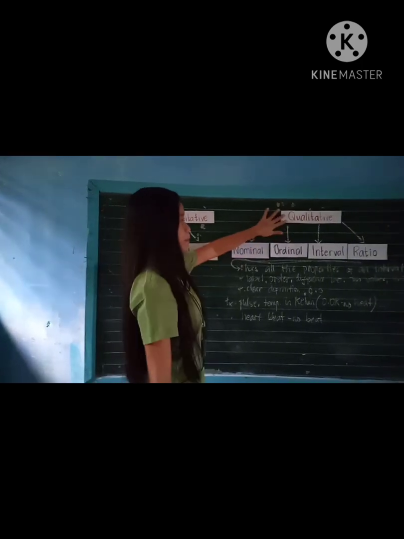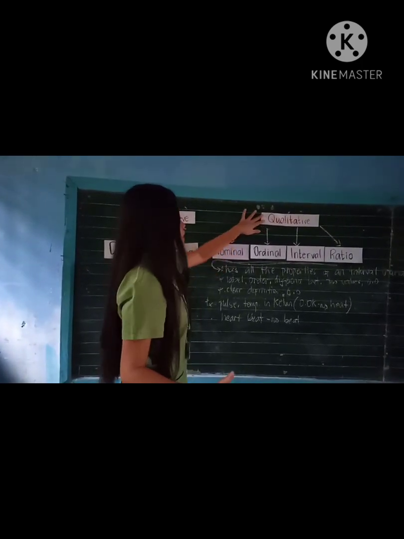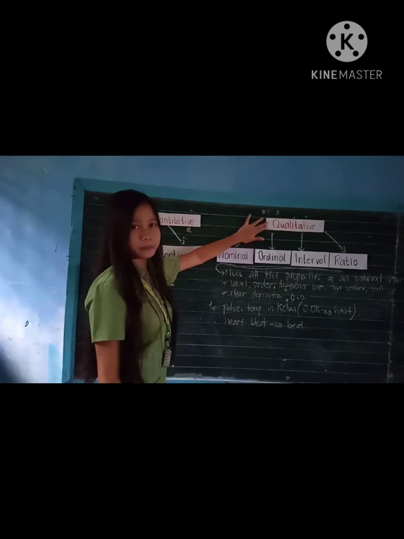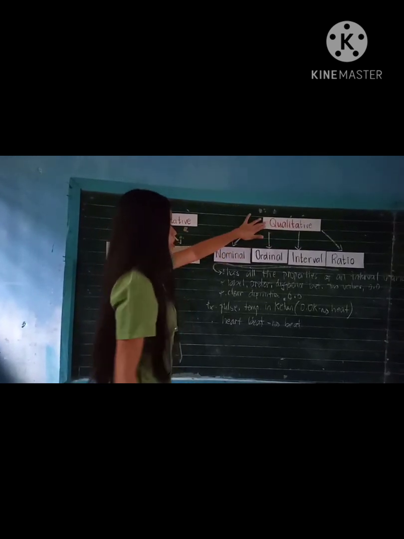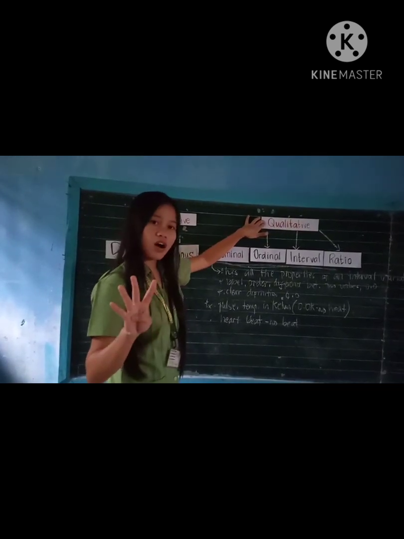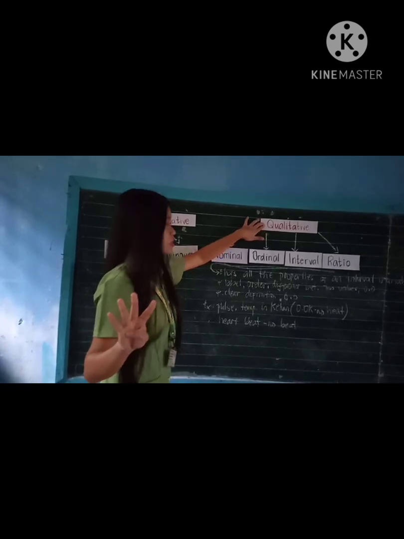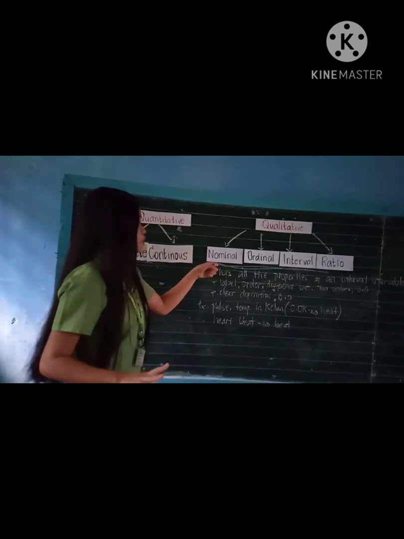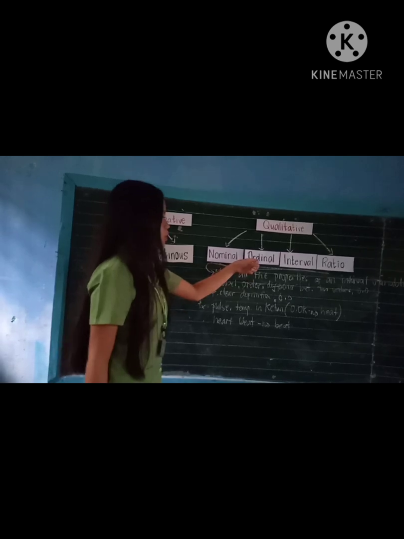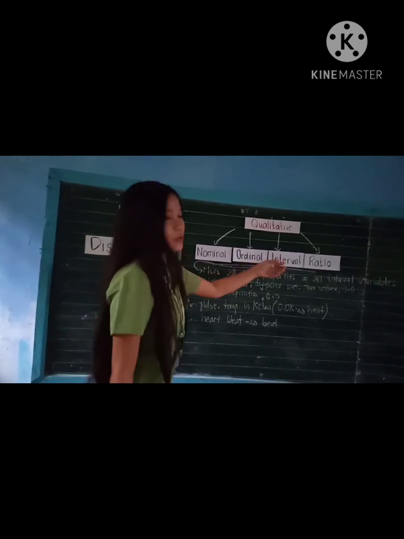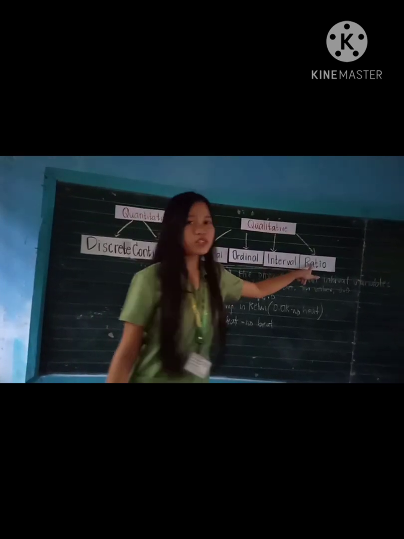And the other type of data is qualitative data. Under this data, there are four levels of measures of scale: the first level is the nominal, the second is the ordinal, the third is the interval, and the highest one is the ratio. That's all.